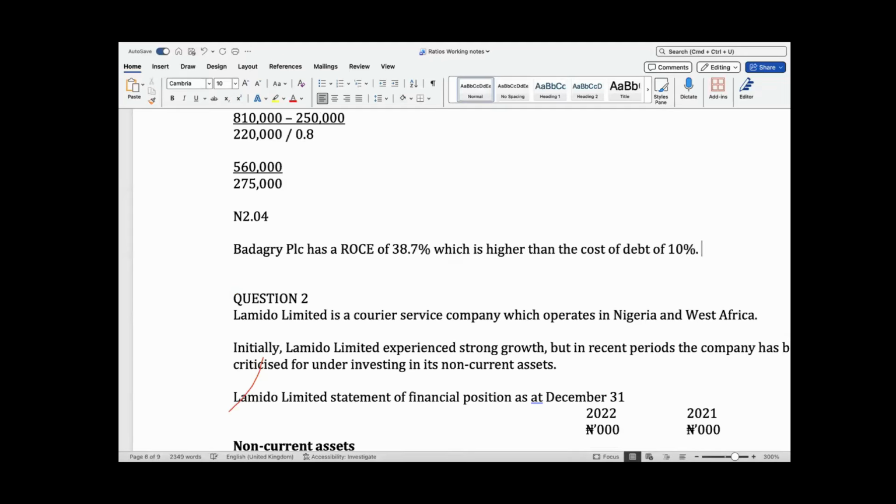Finally, with a history of low gearing, it is therefore not surprising that the investor's stake in the company is high.